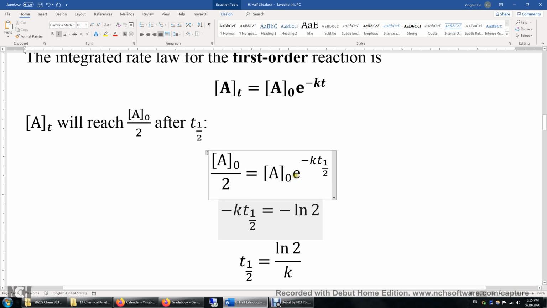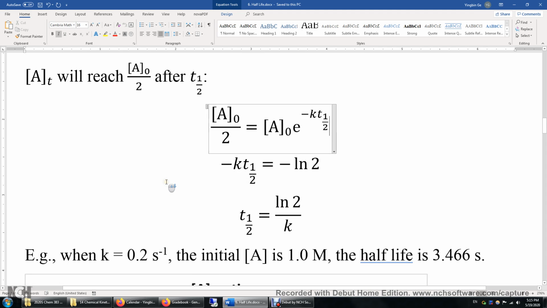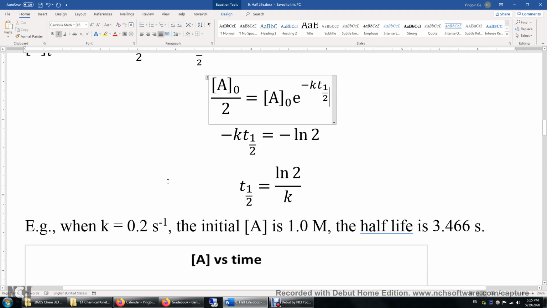On the right-hand side, you have an exponential function. You take the logarithm of both sides. And then you get negative ln2 equals negative k times half-life. And then we have half-life equals ln2 over k. So this is a little bit complicated. And then we just look at some numerical example.